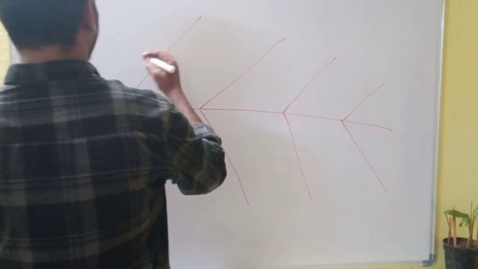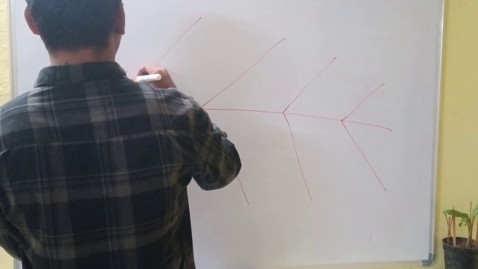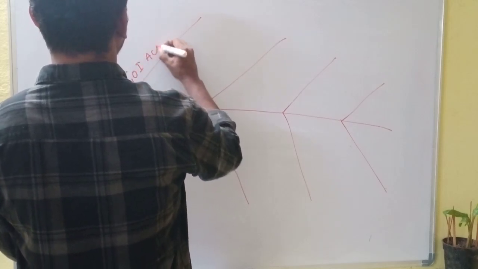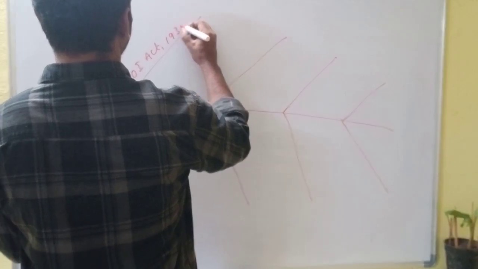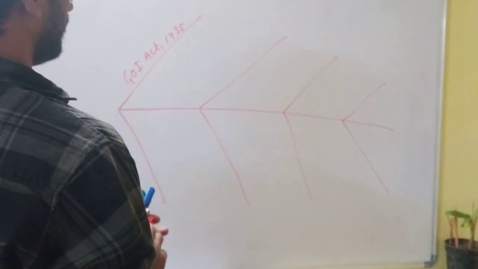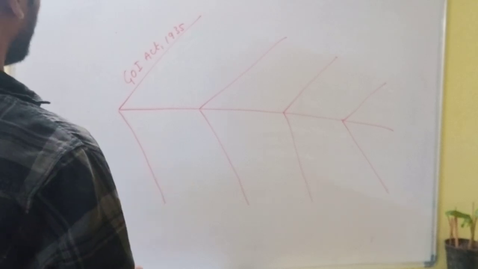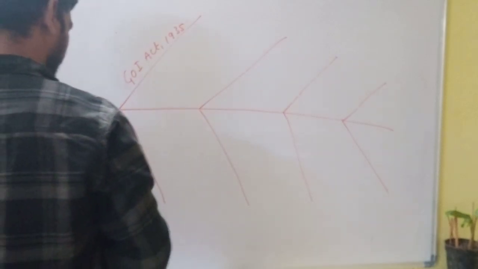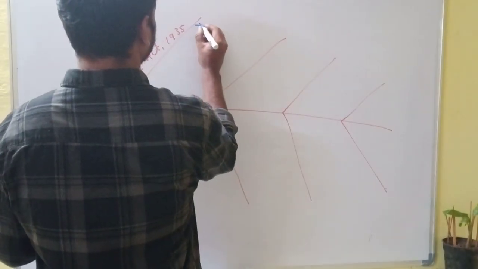At the first place, I am taking sources from Government of India Act of 1935. What are the provisions Indian Constitution has taken from Government of India Act 1935? One is center-state relationship.